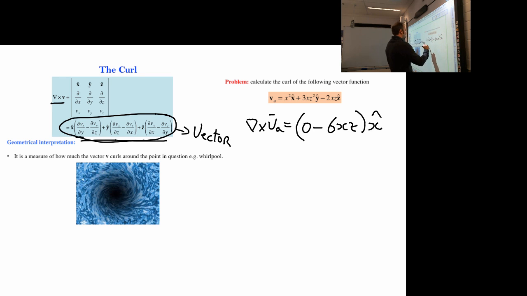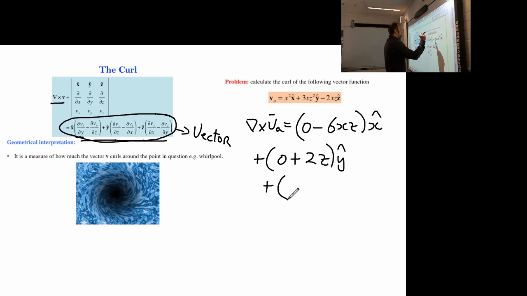x hat, plus partial derivative of the Vx component with respect to z, so 0 minus partial derivative of the z component with respect to x, plus partial derivative of the y component with respect to x minus the partial derivative of the Vx component with respect to y, 0, z hat.